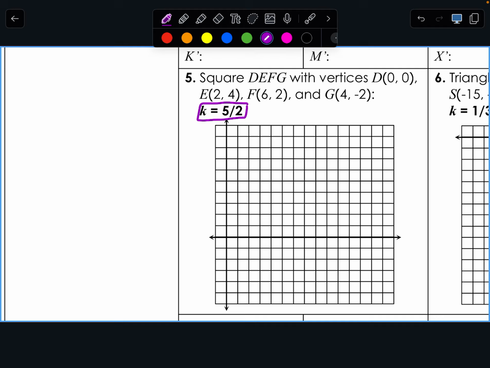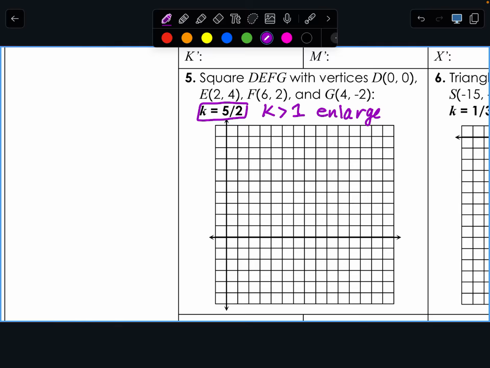Is that greater than 1 or less than 1? That's greater than 1, which means this is an enlargement. Not all fractions are less than 1.